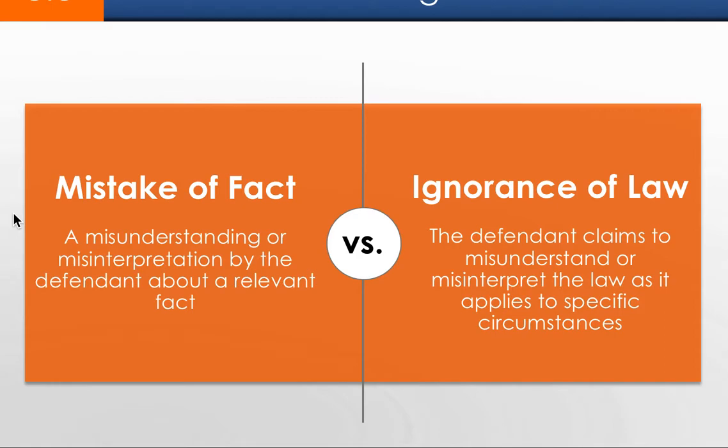You can have a misinterpretation of how a law is codified, or you can have possibly a concept of ignorance of law. I did not understand that was conduct that was criminal. I did not know that law applied to me in this certain circumstance.